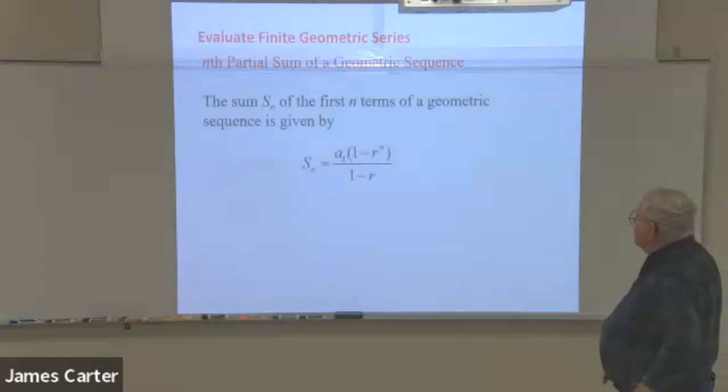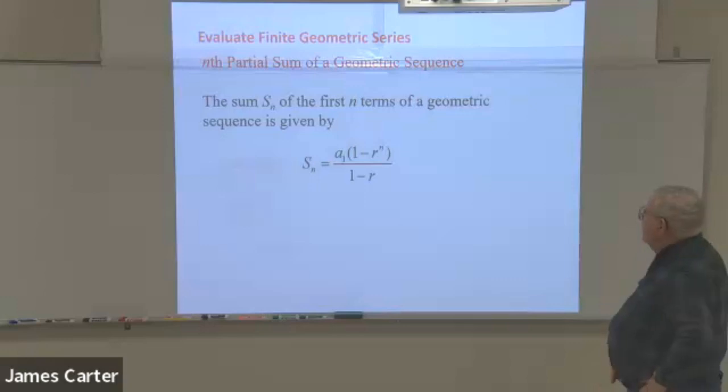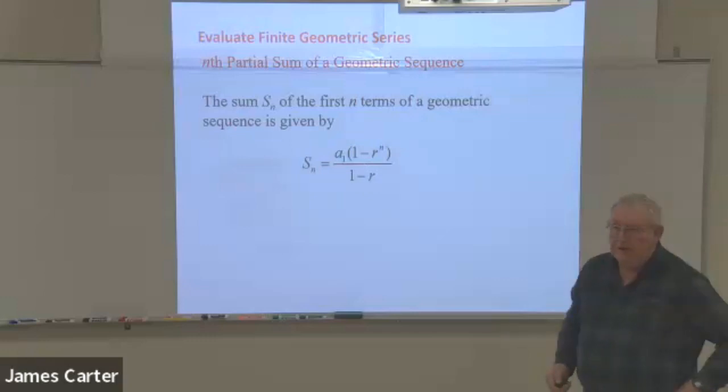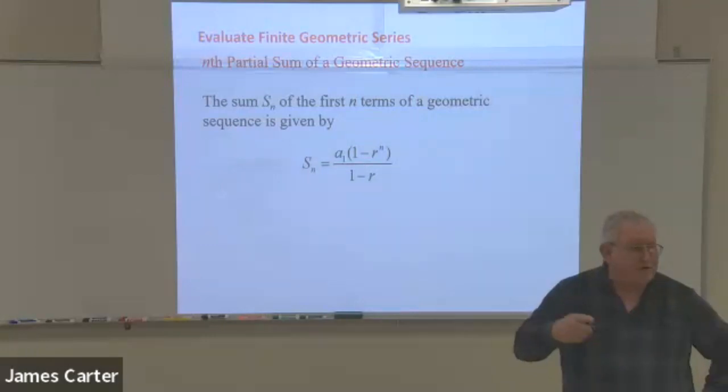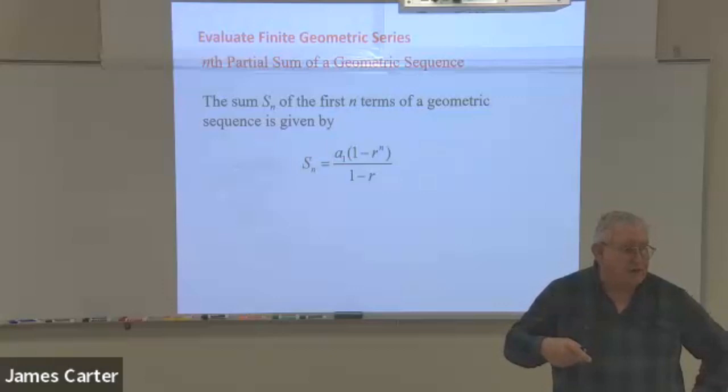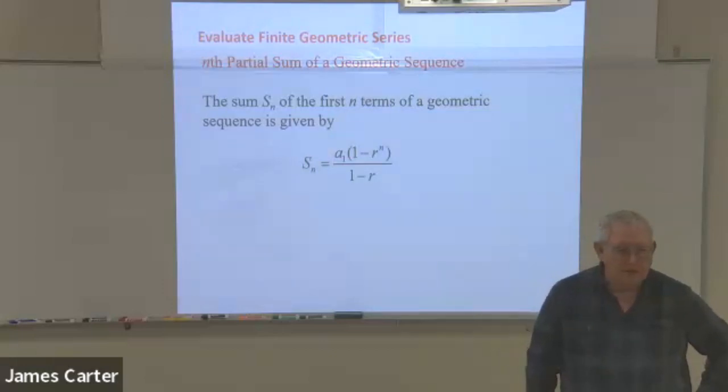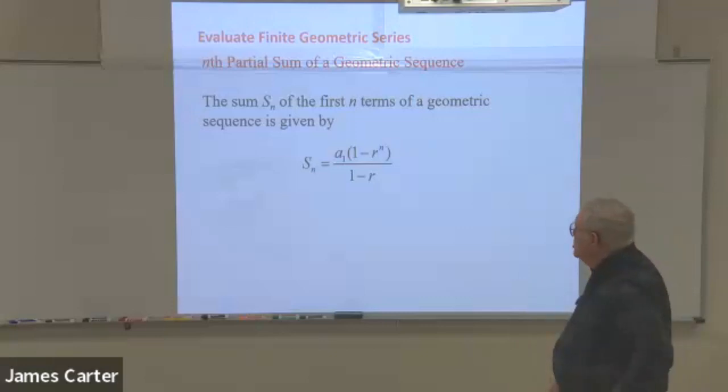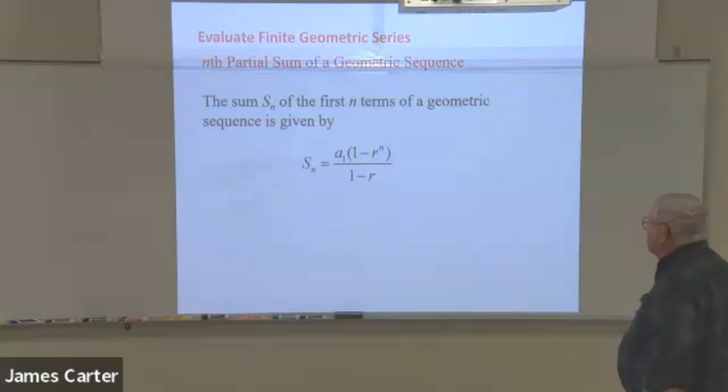Okay, let's do finite sums. Let's do some stuff a little bit easier now. Okay. This is the geometric summation formula. Remember, the arithmetic one was you average the first and last, divide by two, and then multiply it times how many terms there were. Well, this is the geometric version of this thing.